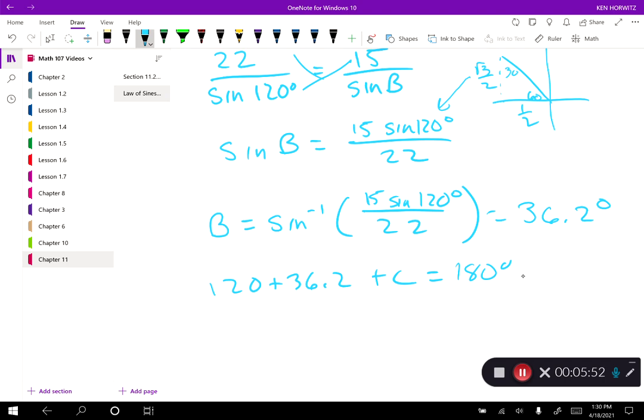So why don't you do a little bit of algebra and find out what angle C is. This is angle C. I'll say plus angle C equals 180 degrees, and we'll talk about the answer on the back end.